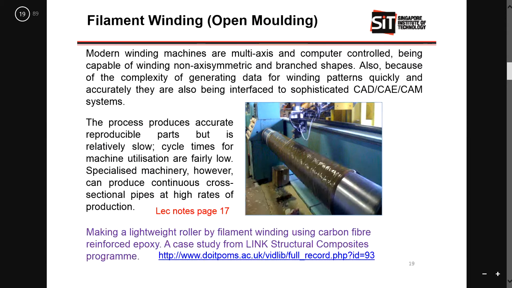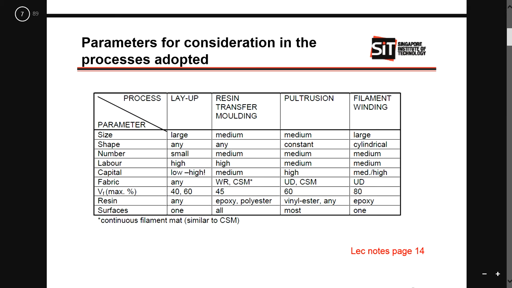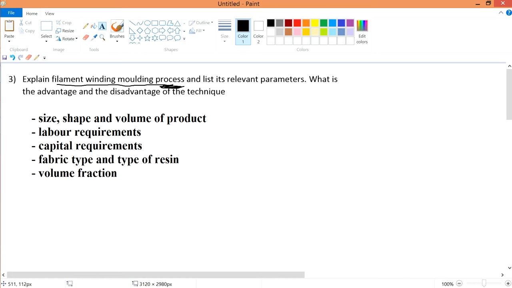Okay, so I've spent quite a lot of time on the process itself, and then let's go to list its relevant parameters. So what are the relevant parameters? You can actually assess it through all this: your size, your shape, number, label, fabric volume fraction, resin, surface treatment, everything. I'll just put it into this picture over here.